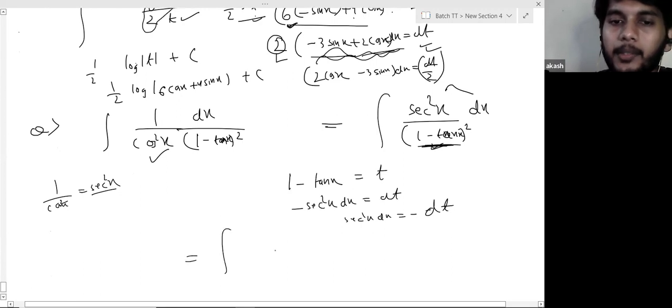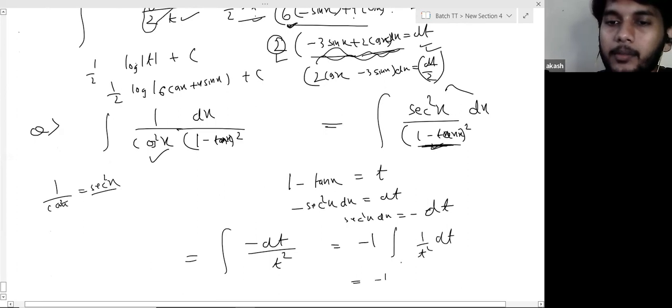So this integration becomes minus dt upon 1 minus tan x, which is t, so t square. So minus integration 1 upon t square dt. This is t to the power minus 2. So t to the power minus 1 upon minus 1, plus c.